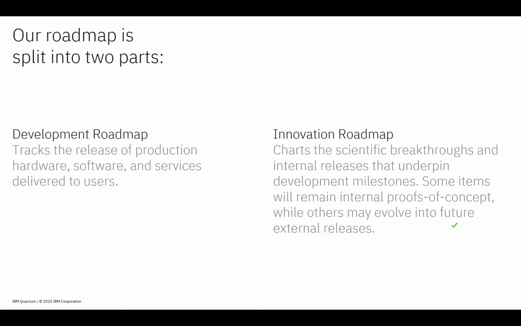But we also added another layer, the innovation roadmaps, where you can find breakthroughs, new releases, and development milestones, which in some cases can be a proof of concept, but at the end of the day can evolve directly into the system, in Qiskit and also the hardware.